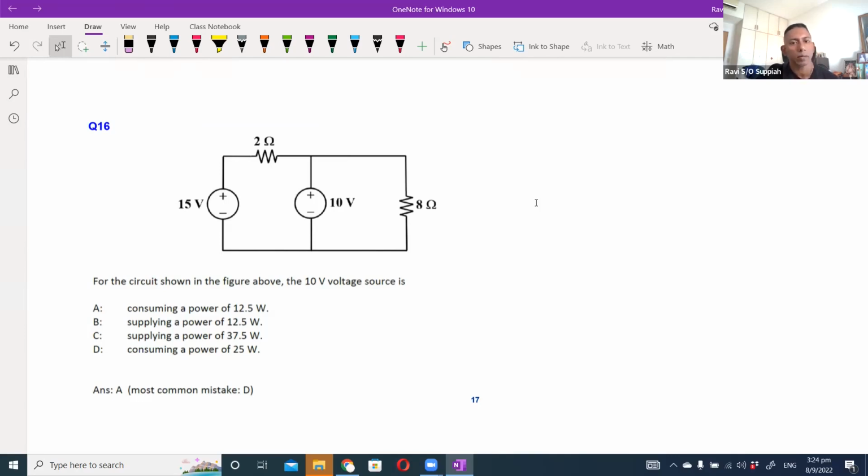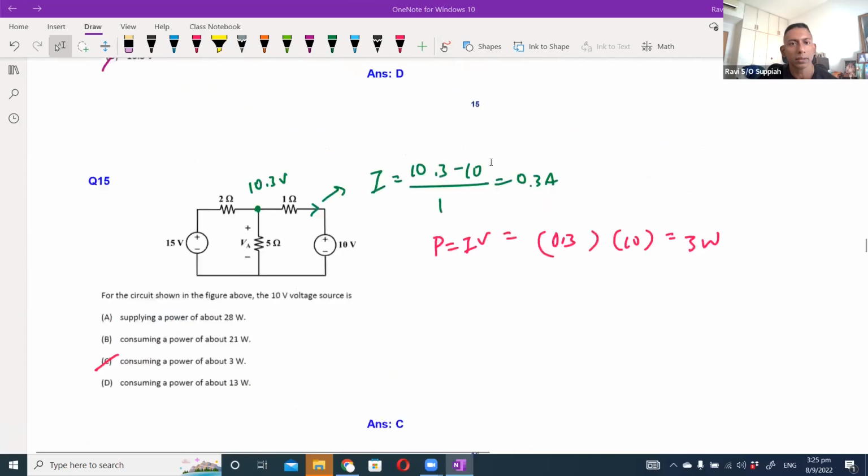Okay, so for this circuit, is the 10 volt source consuming power or supplying power? There is a question: why is the current over the supply the same as the current over the resistance?